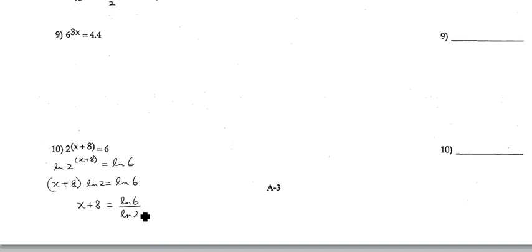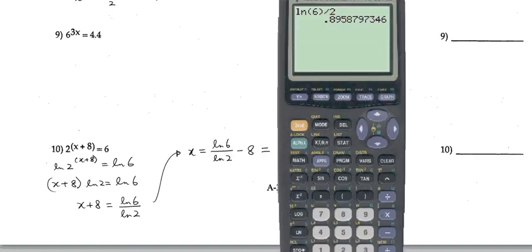You subtract 8 on both sides, and then you will have x equals the natural log of 6 over the natural log of 2 minus 8. And of course, it would be a calculator job. Let's see what happened. We got the natural log of 6, close the parenthesis, divided by the natural log of 2, close the parenthesis, and then minus 8.